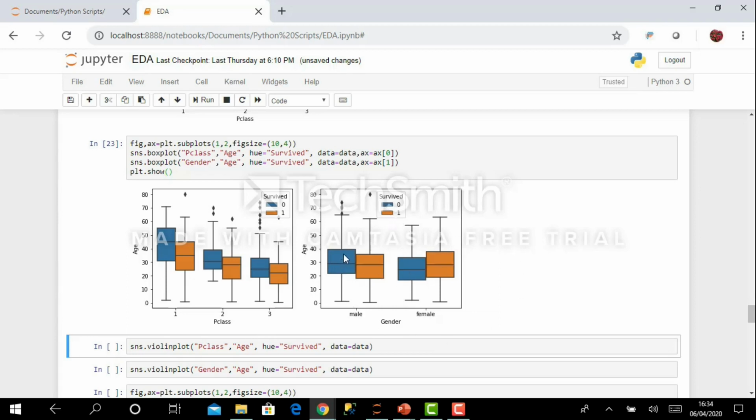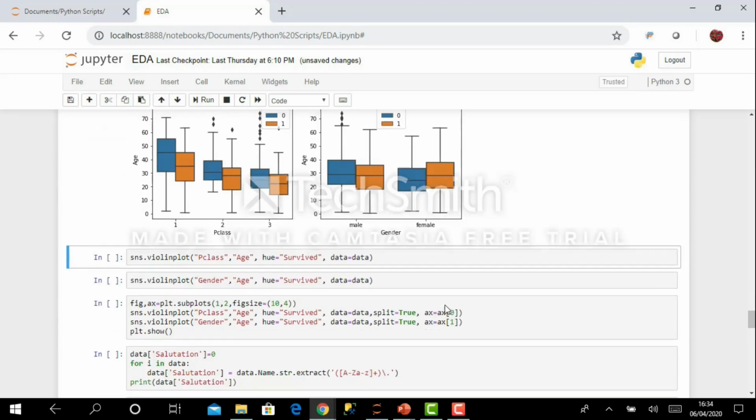So you can understand the range of age groups, by pclass or by gender, in which most of the people actually survived. These box plots give you a lot of ideas.